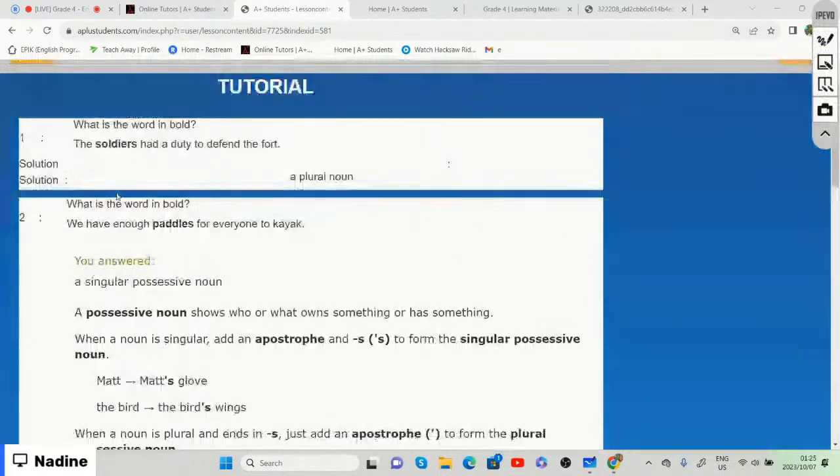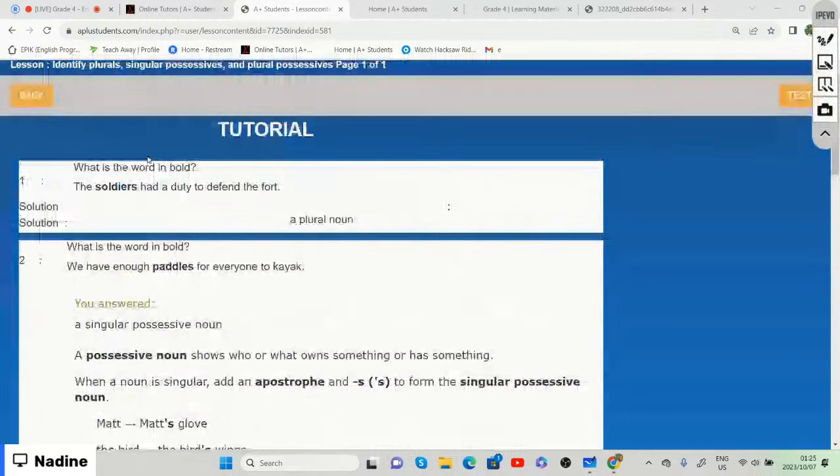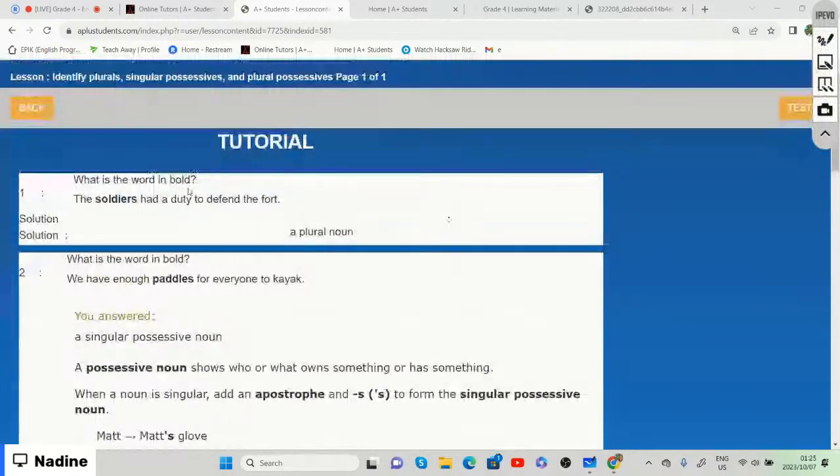All right. So now we're going to look at the word in bold, right? You need to say what word is in bold. So you are either going to say it is a singular possessive noun, referring to only one person, animal, place, or thing, or you're going to say it is a plural possessive noun, referring to more than one person, animal, place, or thing.